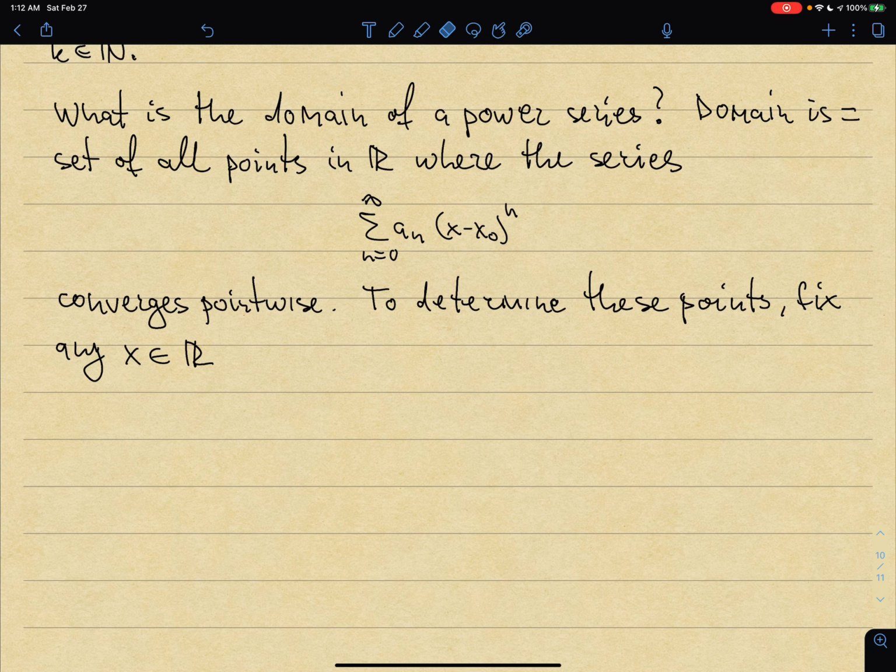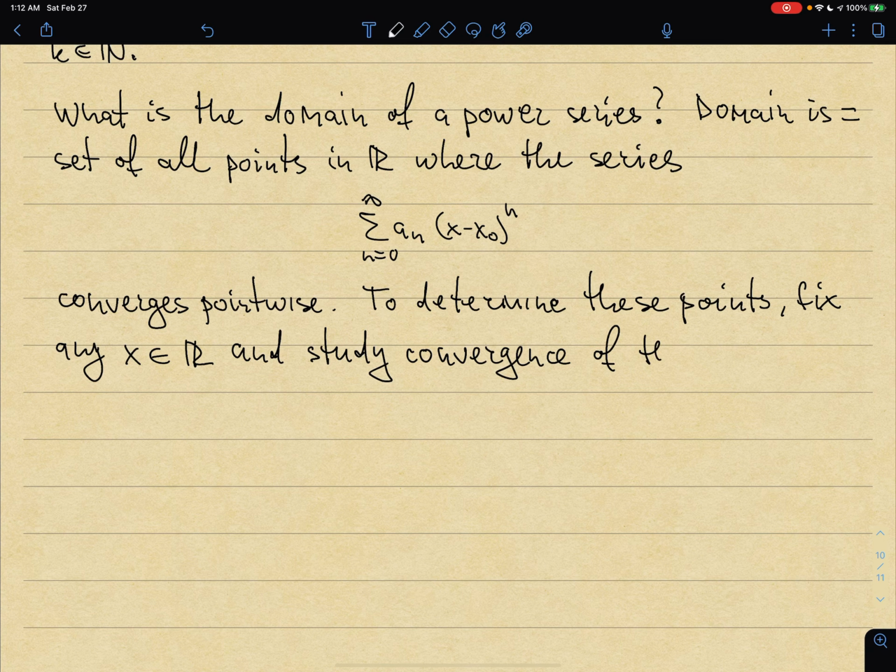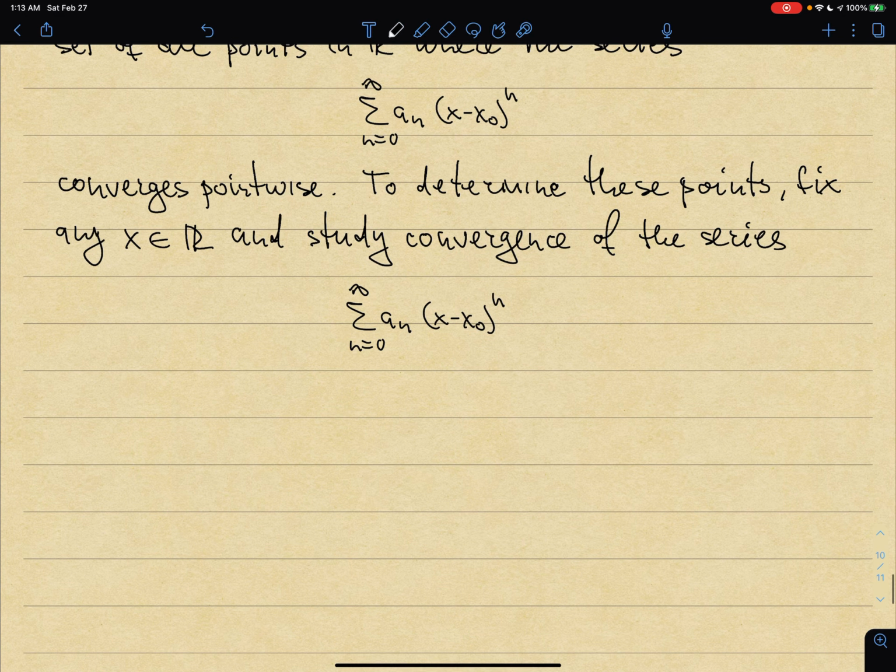And then study convergence of a series of numbers, which is exactly the same as the series above, right? Except that now x is a fixed number, x0 also is a fixed number. So it's just a series of numbers. So copy, paste with x fixed.